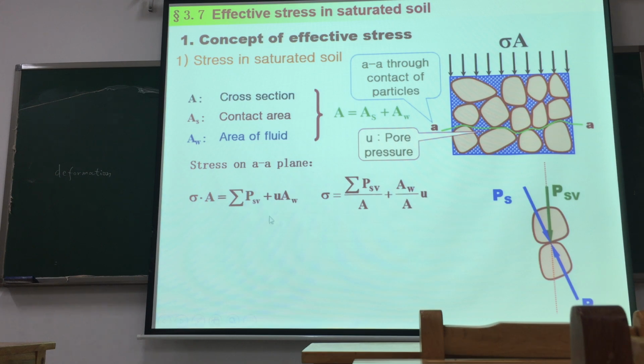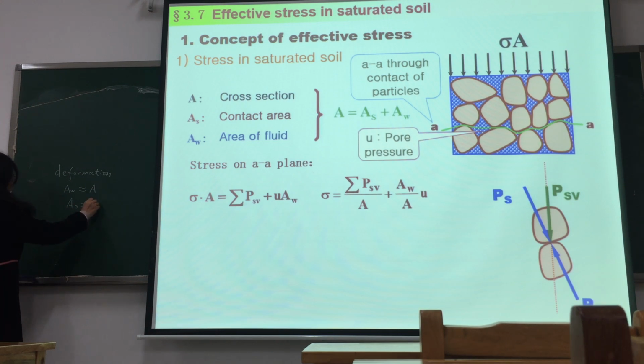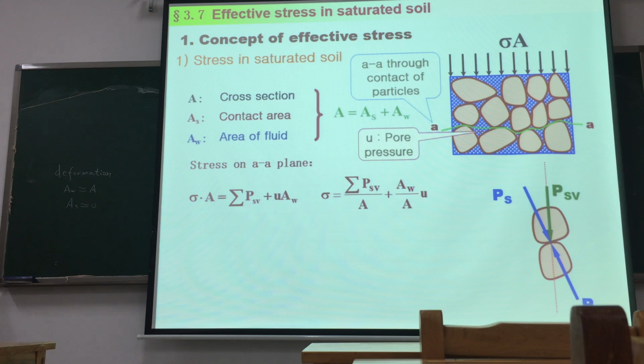Here, in this equation, maybe AW equals A, because AS, the contact area, is very small, equal to 0. So we assume the area of water equals the cross-section area.